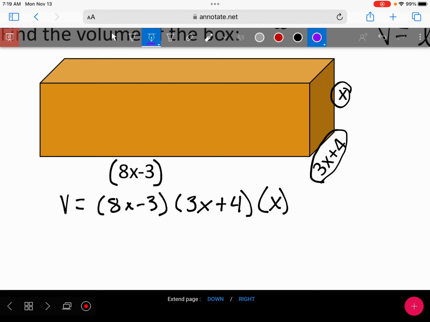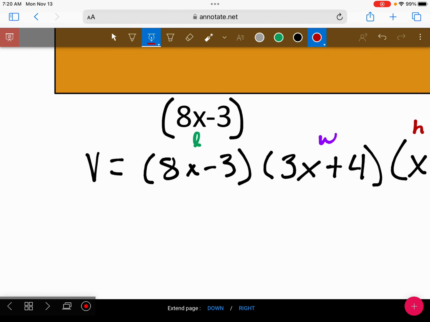This is our length and our width and our height. These are just labels. They look like they're exponents, but they're not. I'm going to put them in the middle then. And then to find the polynomial that is the volume of this box, we're going to multiply this out.